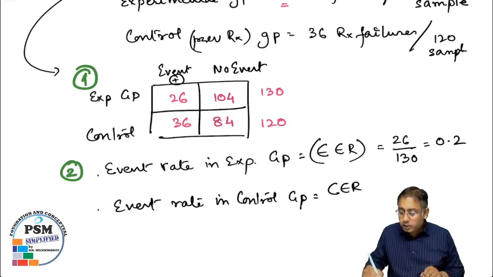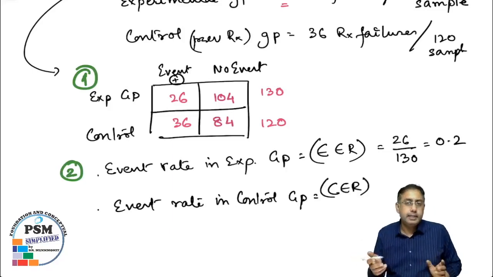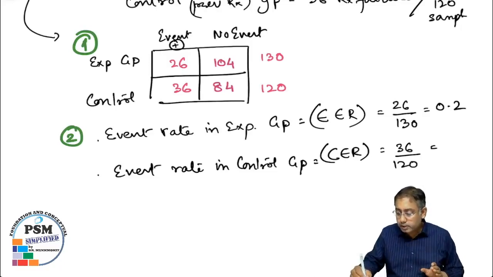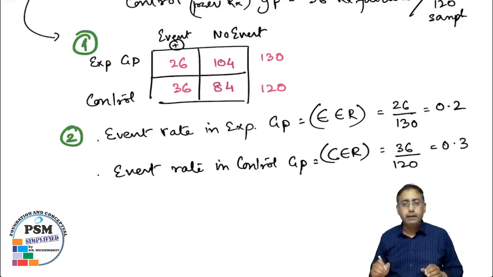We call it the control group event rate, CER. You already know it: 36 deaths happened out of 120. 12 threes are 36, so the answer is 0.3, right? So CER is this much and EER is this much.